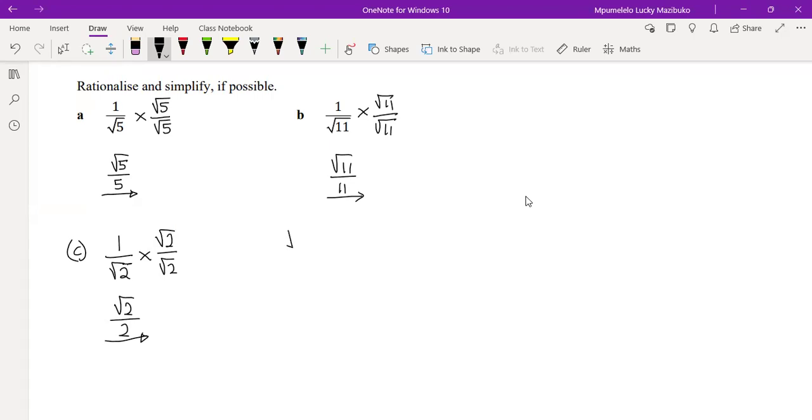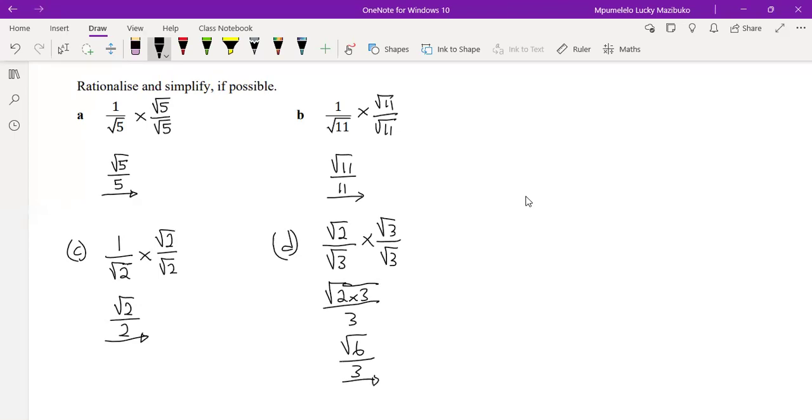Sometimes, let's say you have something like this: square root of 2 divided by the square root of 3. If you rationalize this, you only rationalize the denominator. So this will be square root of 2 times 3 inside the same square root, divided by 3, and this would simply be square root of 6 over 3.